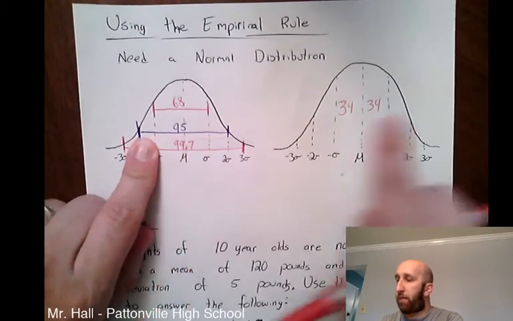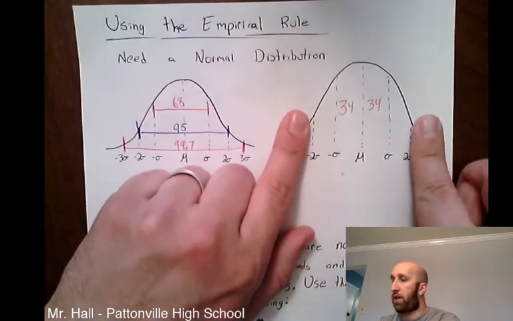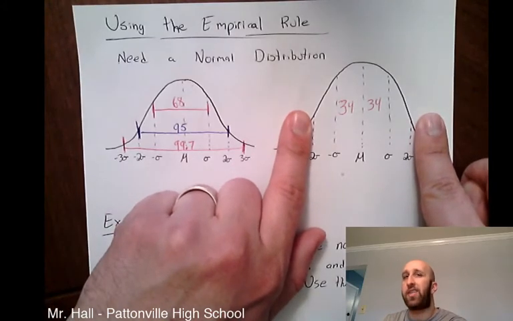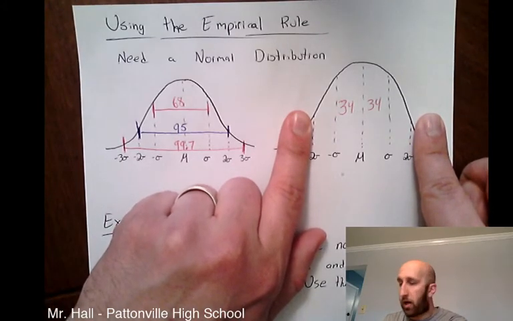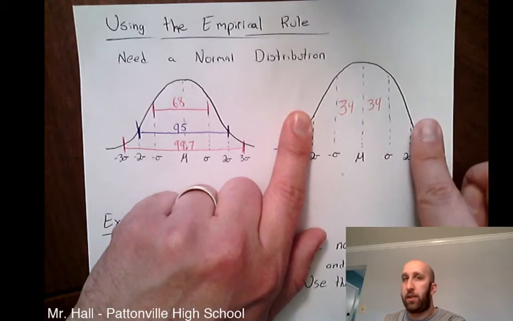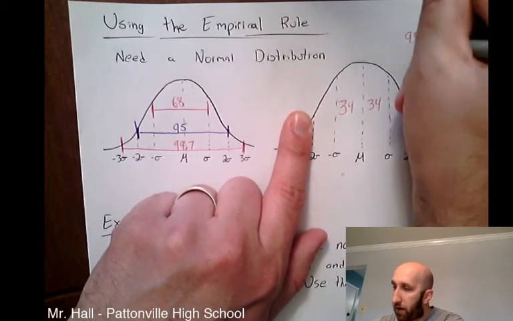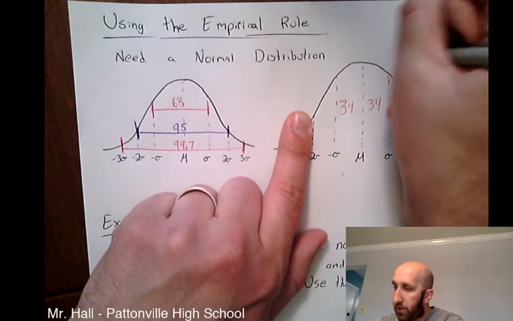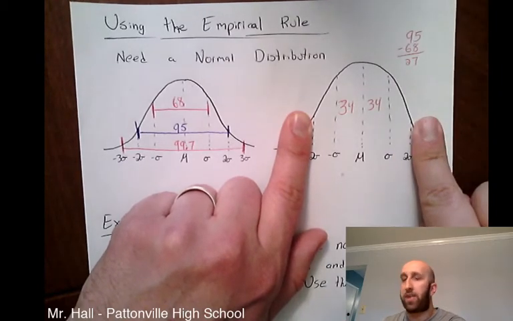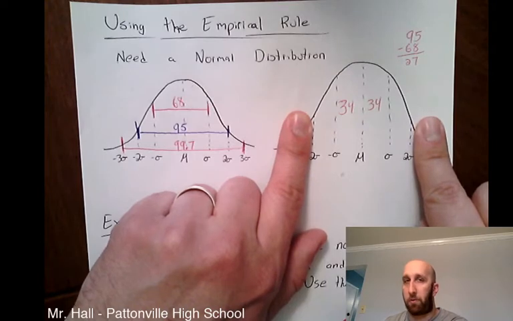If you look at 95%, a total of 95% of your data should cover this entire area. But we've already accounted for 68%. So if you take 95 and subtract off 68, you're left with 27% of data unaccounted for.